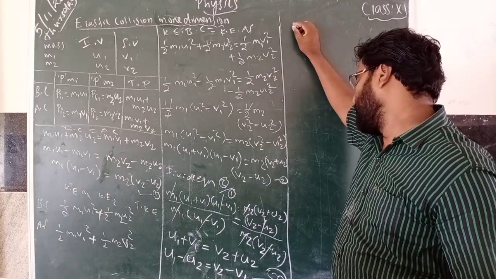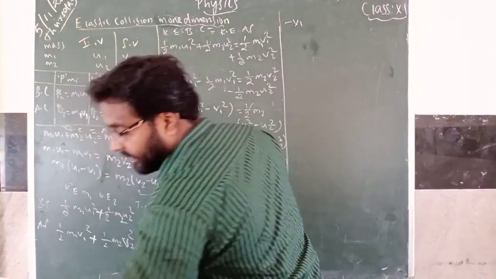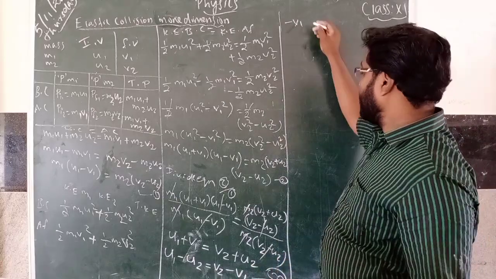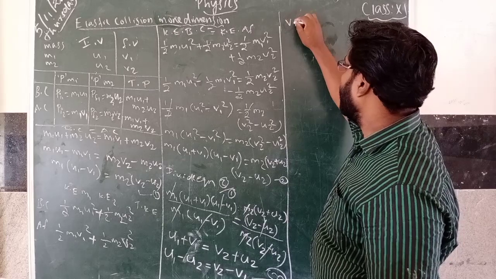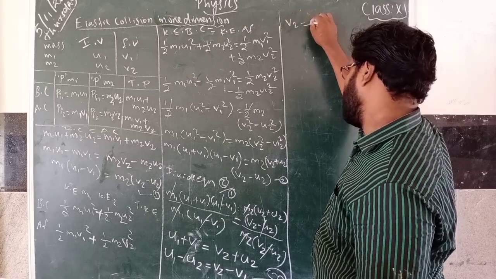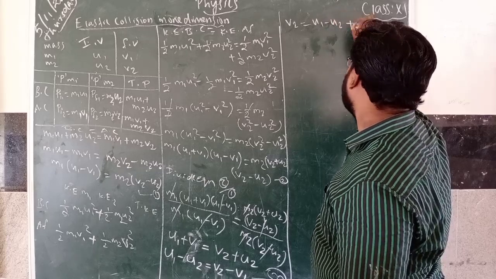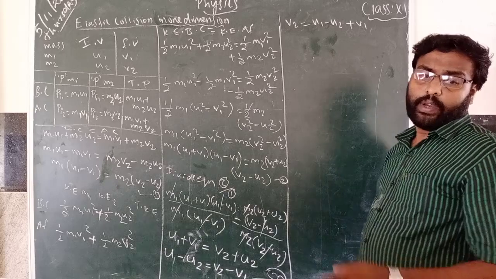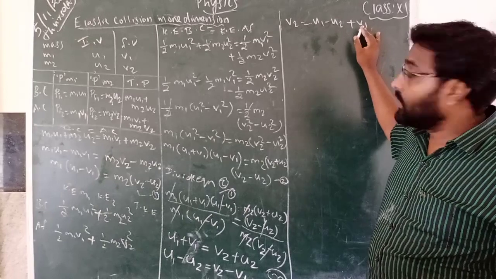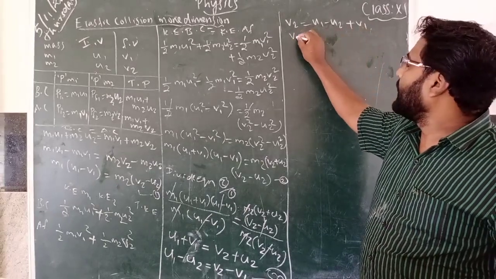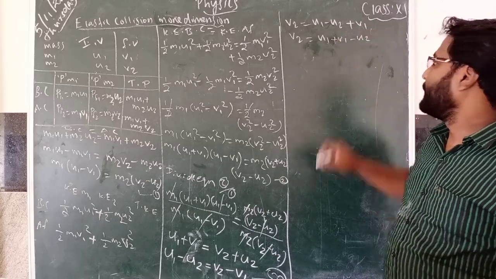First find v2. v2 equal to u1 minus u2 plus v1. So v2 is equal to u1 plus v1 minus u2.